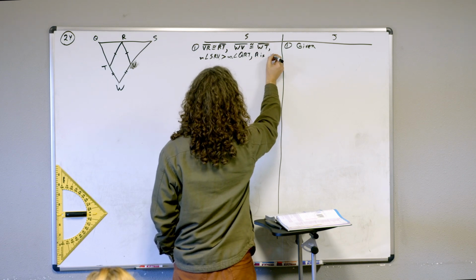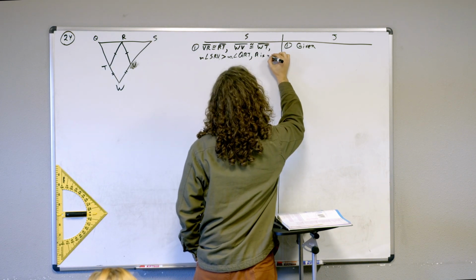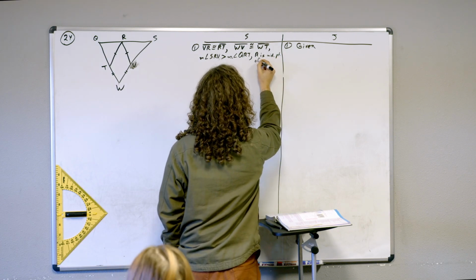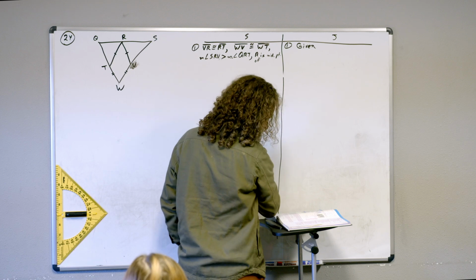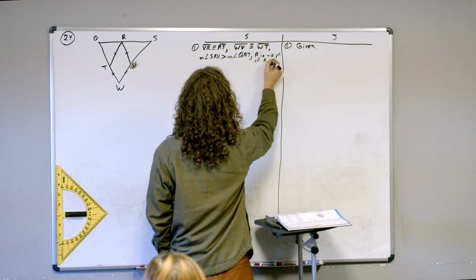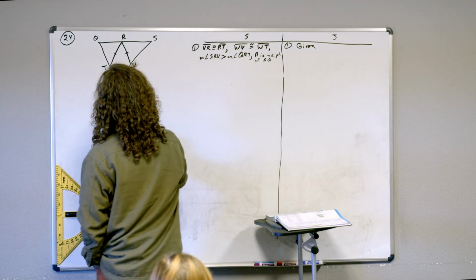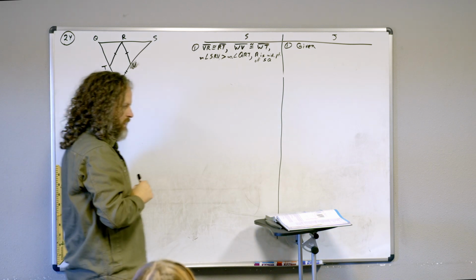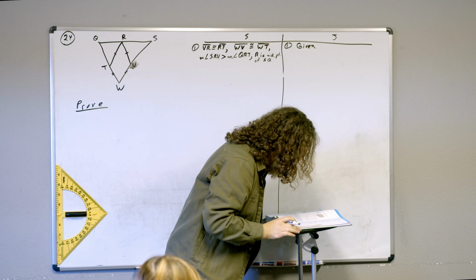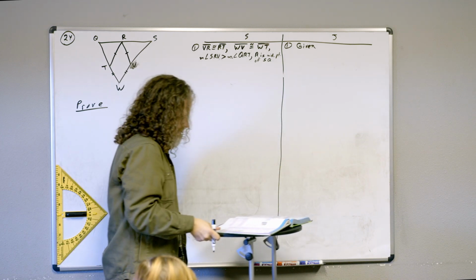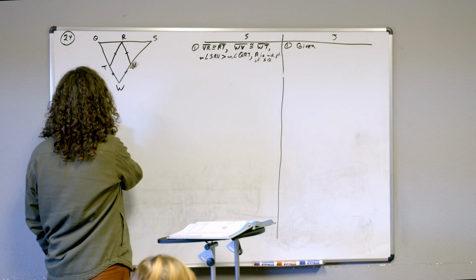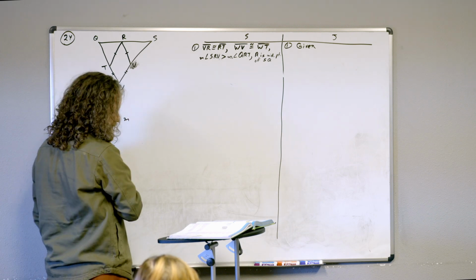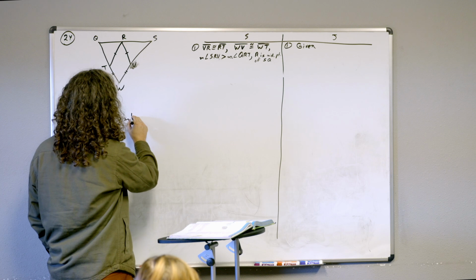R is the midpoint of segment SQ. And we're supposed to prove that the measure of segment WS is greater than the measure of WQ.